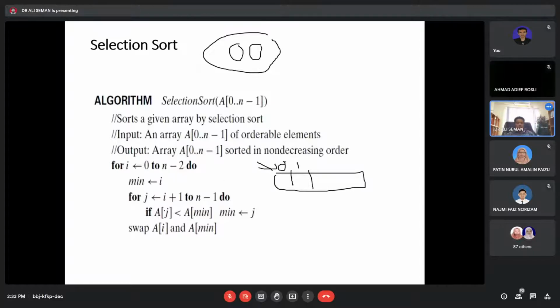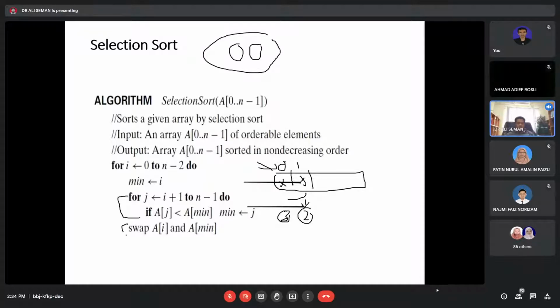Finally, we compare if a[j] is less than the min, which is actually at index 0 just now. If this is true, we update the min: j is assigned to min. Let's say here 2 and this 3. This is true, then we update the min; the new min is here, the new one, not the 3.